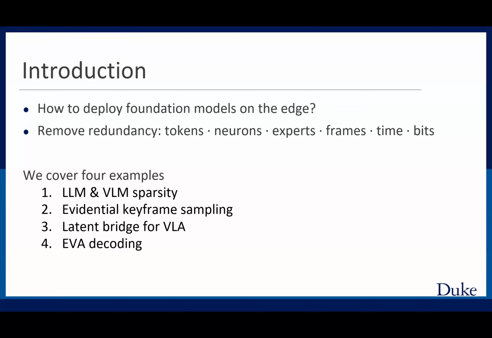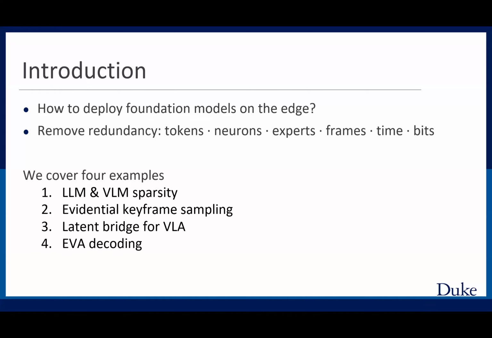Third is latent bridge for vision language action model acceleration. And the fourth is architecture and hardware solutions. EVA basically is a vector quantization architecture, and we designed that particularly for decoding phase acceleration.